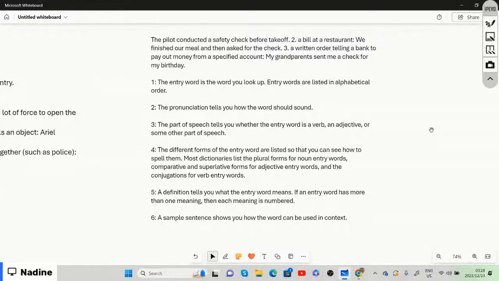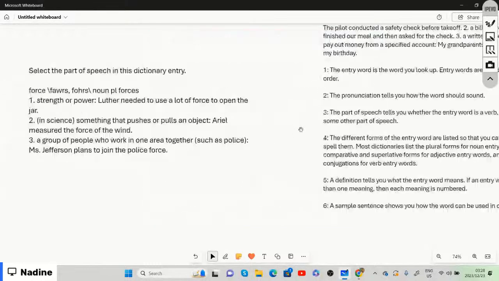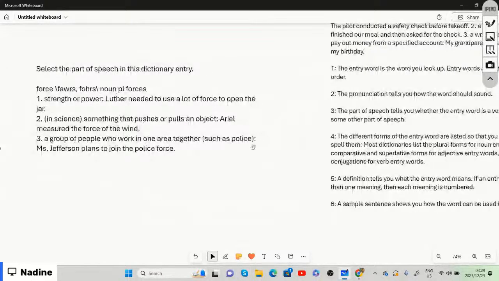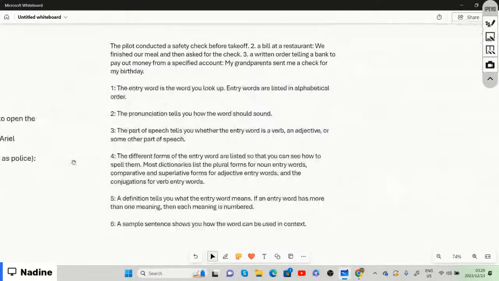At first we'll think force has to do with strength, right? But as we saw, force can be strength or power. Or it can be how scientists perceive it by measuring something, like the force of wind. Or it can be a group of people in one specific workplace, and we call that a force, specifically like a police force. And the police force has nothing to do with physical strength.